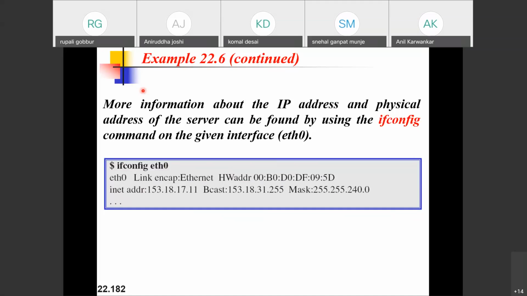Try this at your end: ifconfig. Specifically, in case of the Unix command prompt, you can utilize ifconfig. ipconfig is utilized for the Windows configuration.